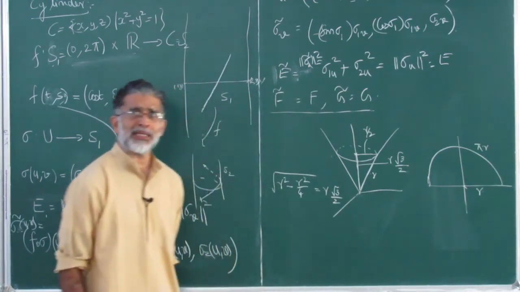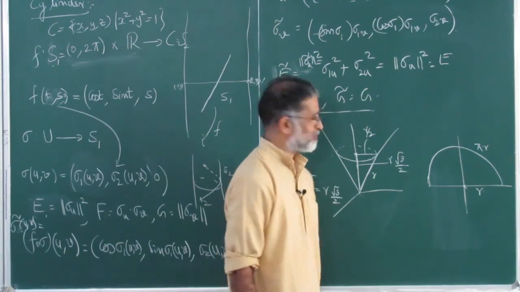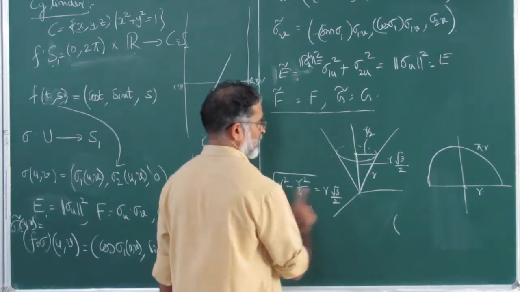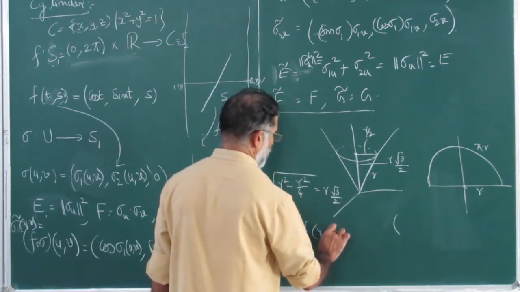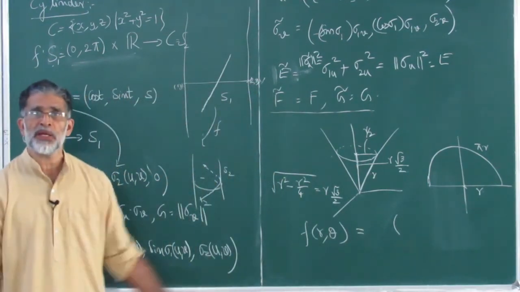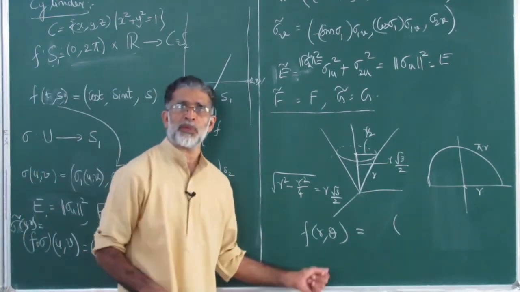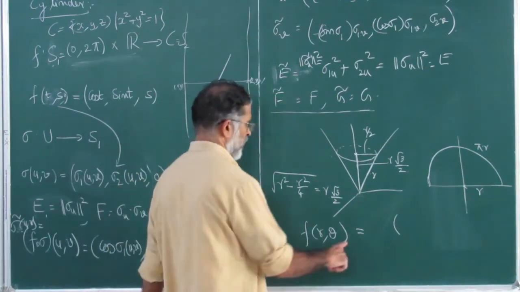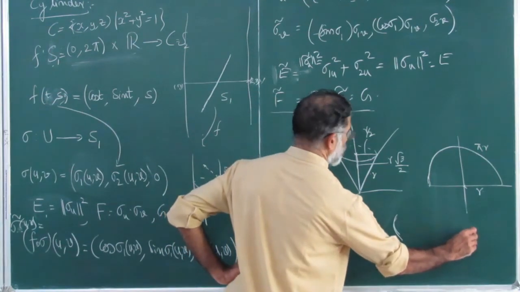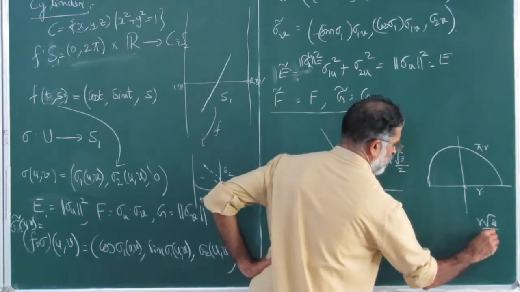So after having done this, now you must be able to give a map. What will be the map? One thing is clear, the third coordinate is going to be fixed. So take f of r, theta for the time being, but given u comma v, you will have to make it into r, theta by taking the square root of u square plus v square and tan inverse. Okay. So for this r, theta, what will you get? The third coordinate is going to be, as we wrote somewhere, r root 3 by 2.